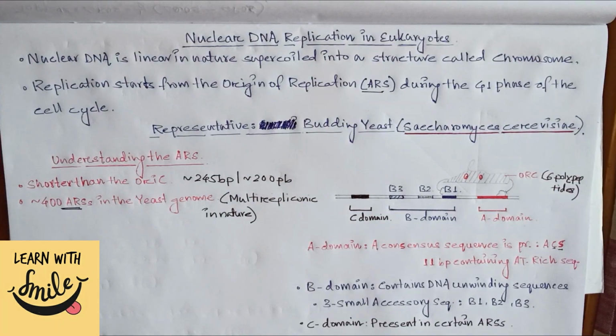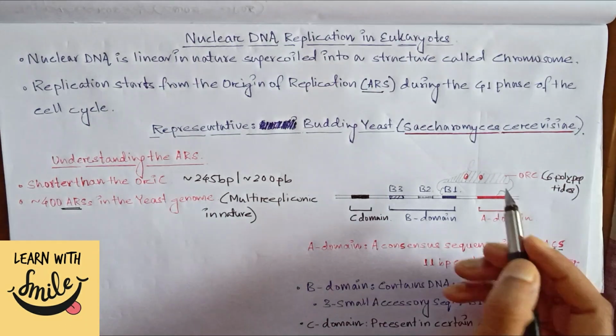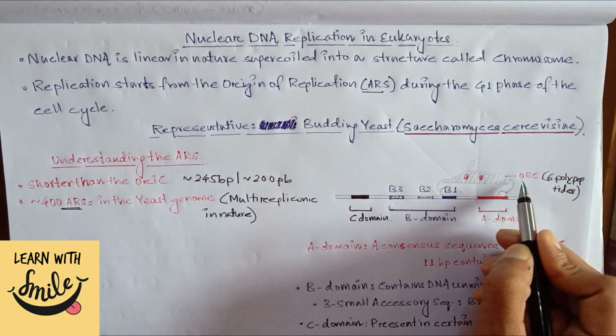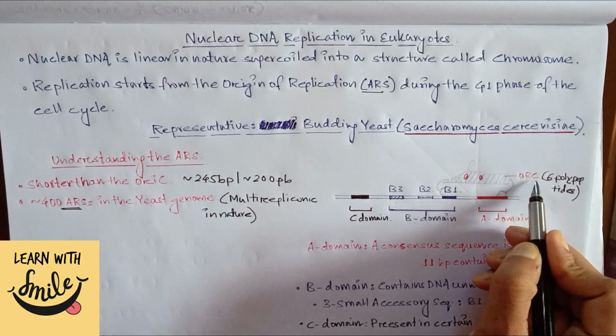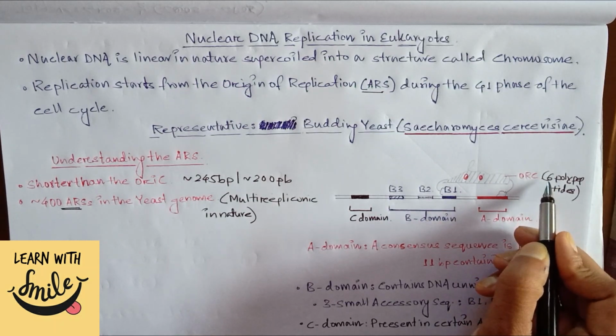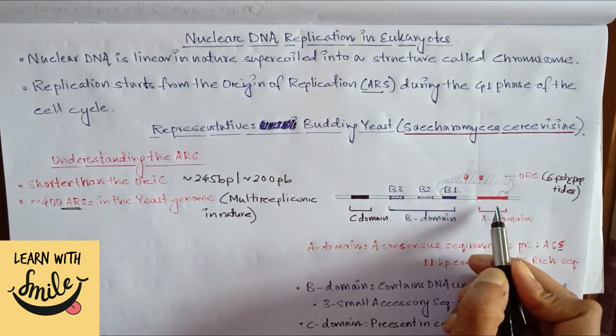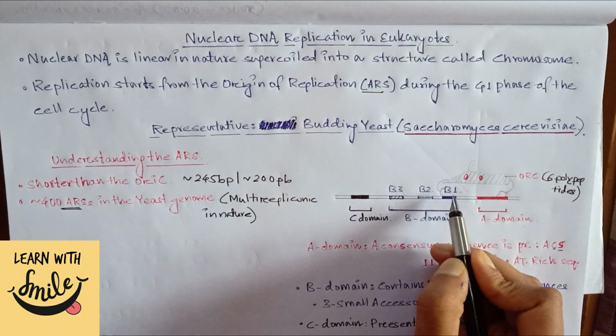Now, having understood the basic structure of the ARS, let us understand and analyze how exactly the DNA replication process gets initiated from this ARS. At the first and foremost stage, there is a protein complex known as the origin recognition complex, which is a complex of 6 polypeptides that binds collectively with the A domain and B1 domain.